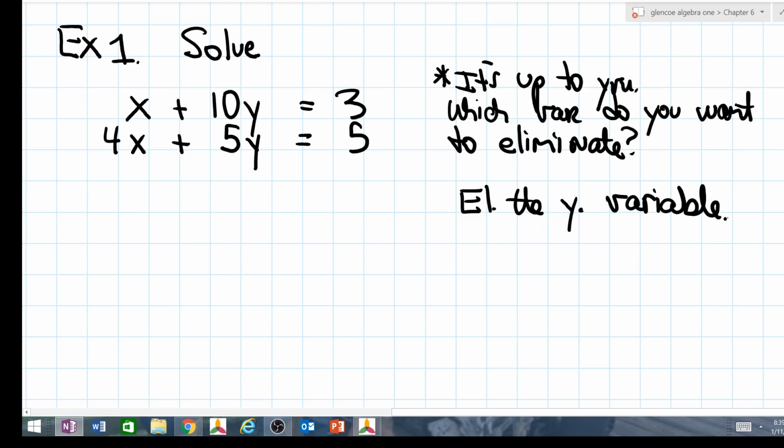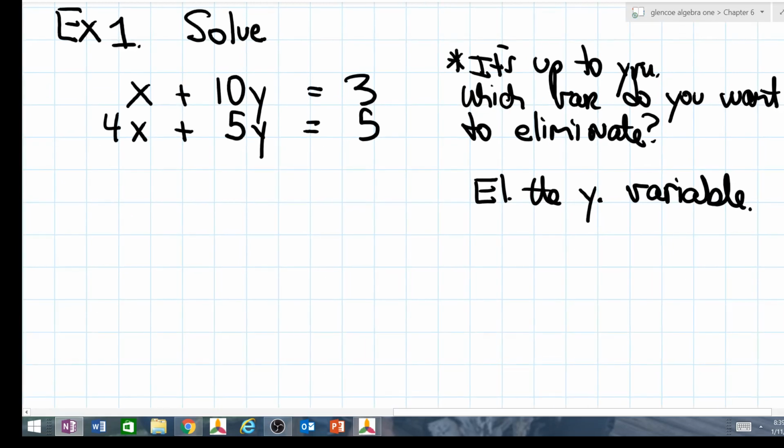Okay, so now let's focus in on the y variable. The top one has a 10y, the bottom one has a 5y. So, is there anything you can multiply 10 by to get 5? And we're going to multiply by integers, not by fractions or decimals. No. Is there anything you can multiply 5 by to get 10? What is it, guys? 2.